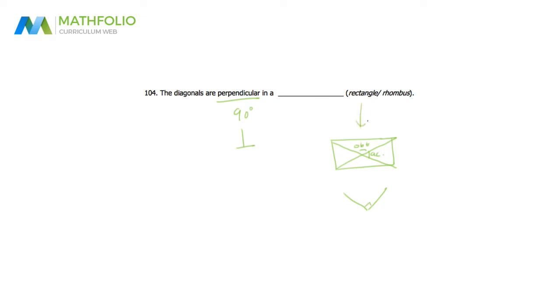So that's a rectangle, let's check the rhombus. If each of these sides was congruent, does this look like they intersect at 90 degrees? It does, and in fact that's one of the definitions of a rhombus. The diagonals intersect at 90 degrees. So we're going to write that in there. That was 104.